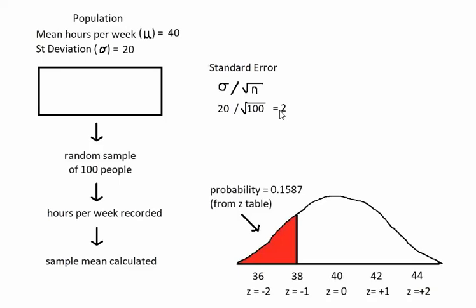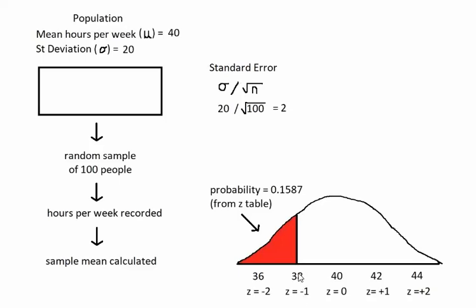That's our standard error. So now let's plot some z-scores on a diagram. The population mean has a z-score of 0, just like it always did before. And if we go down one standard error, from 40 down by 2 to 38, we get a z-score of -1. So our standard error is 2, and we're going down by 2 to get to -1.